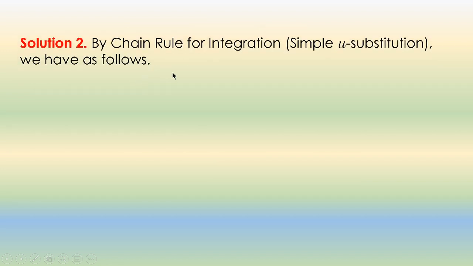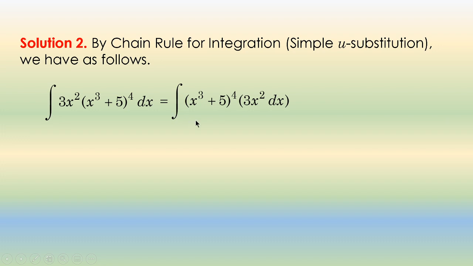Another way to solve such an integral is by the use of the chain rule for integration, or that is by simple u substitution. The integral of 3x squared times the quantity x cubed plus 5 to the fourth dx, when expressed in terms of u, is equal to, so this is our u, x cubed plus 5, and this is our n, 4. And since the differential of this u is 3x squared dx, this means that this is exactly the du.